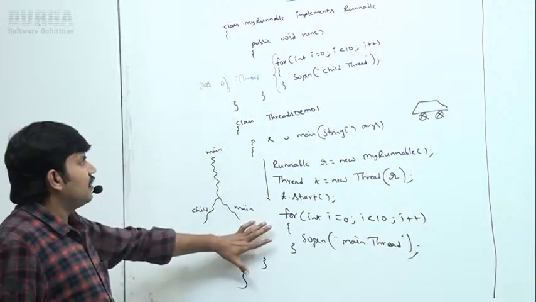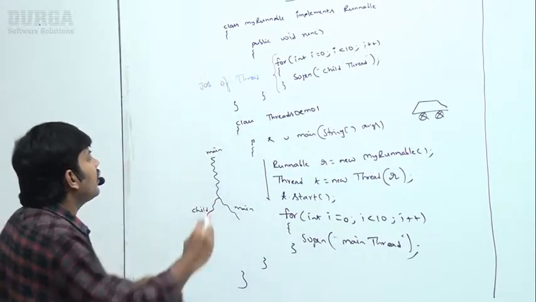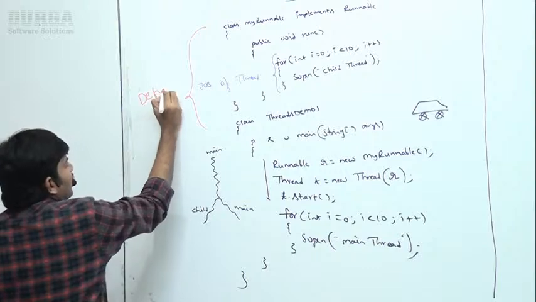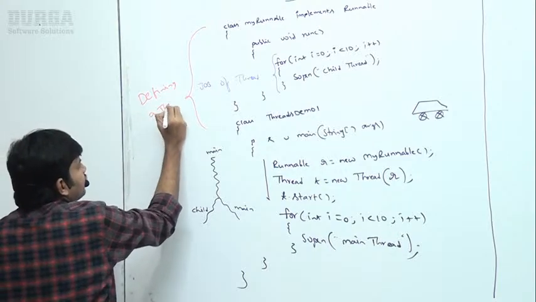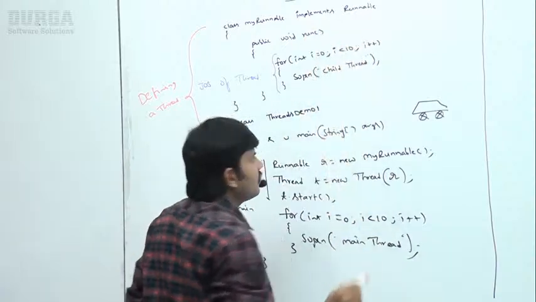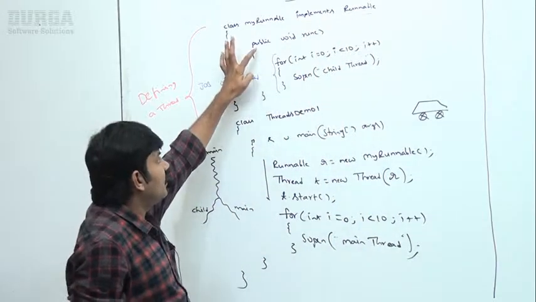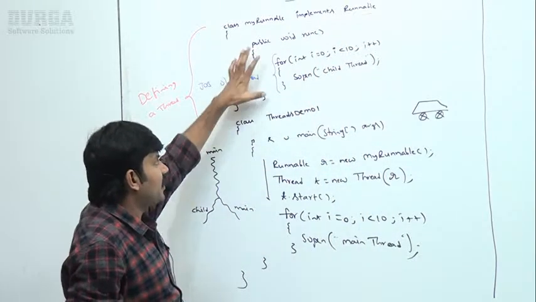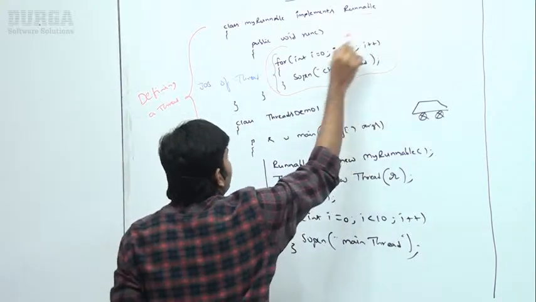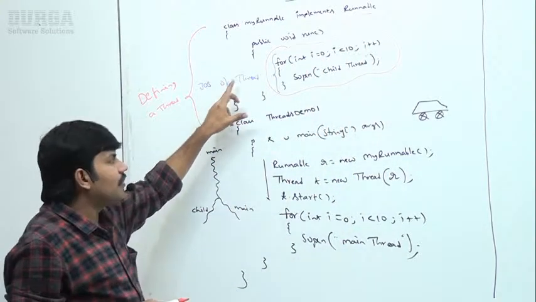Sir, in this example, this is the way how to define a thread. This total thing is nothing but defining a thread. Just write a class, implement Runnable. After that, provide the implementation of the run method. Within the run method, whatever code we are taking is called the job of the thread.